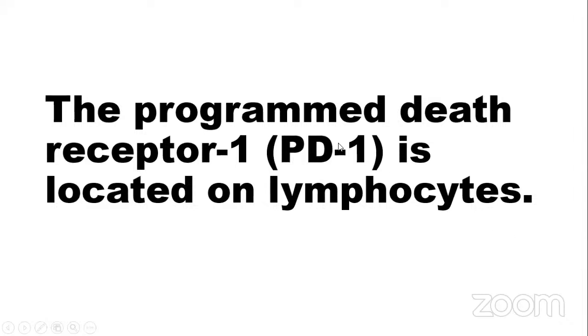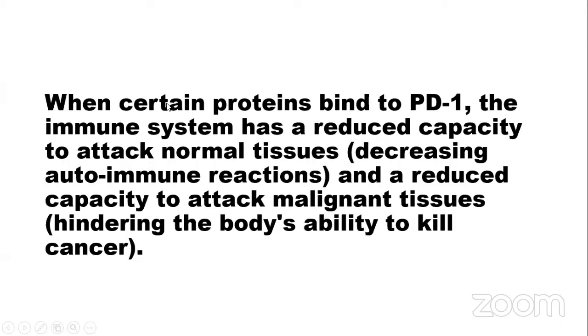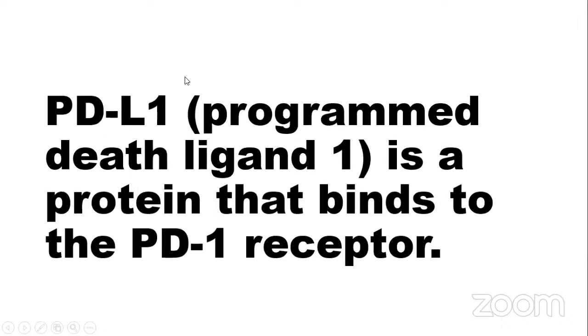When certain proteins bind to PD-1, the immune system has reduced capacity to attack normal tissues, decreasing autoimmune reactions, and reduced capacity to attack malignant tissue, hindering the body's ability to kill cancer.